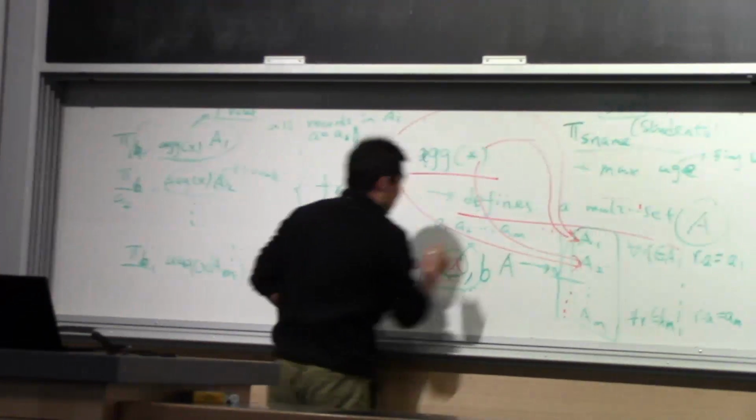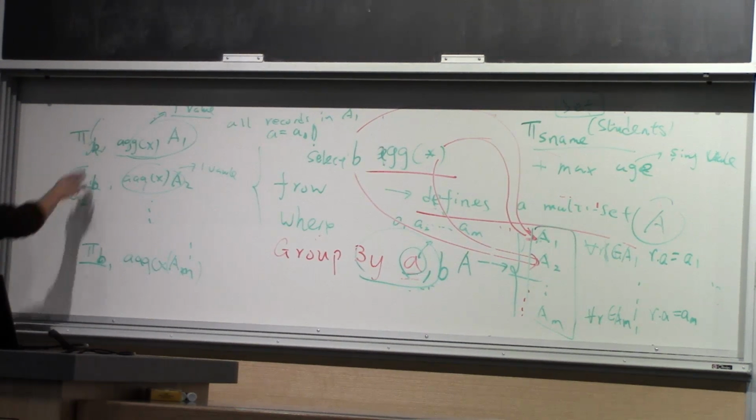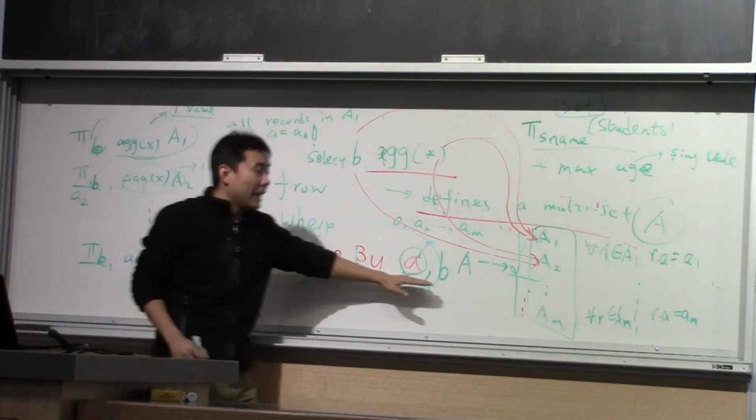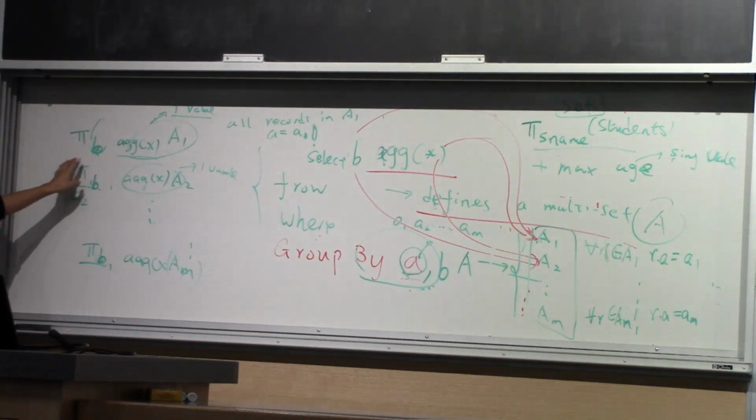By the way, if I change this to group by A and B, can I project A or B? If I change my grouping to group by A and B together, can I project out B here? I'm going to say yes.